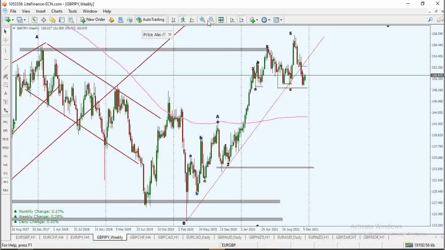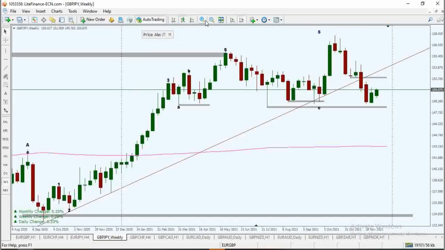What assisted me as a trader to make consistent profit was the ability to wait. This is one of the things you want to do as a trader. On the weekly, the week in which price ended, we had an indecision candle right here.